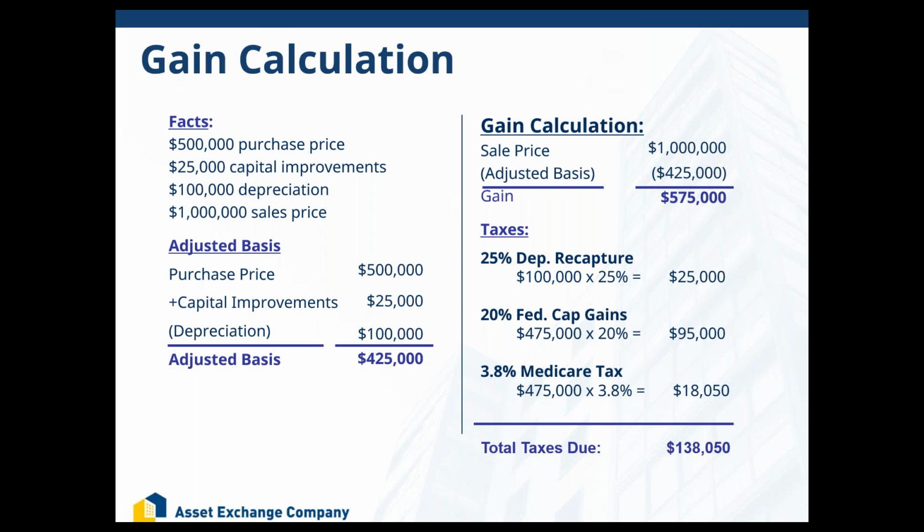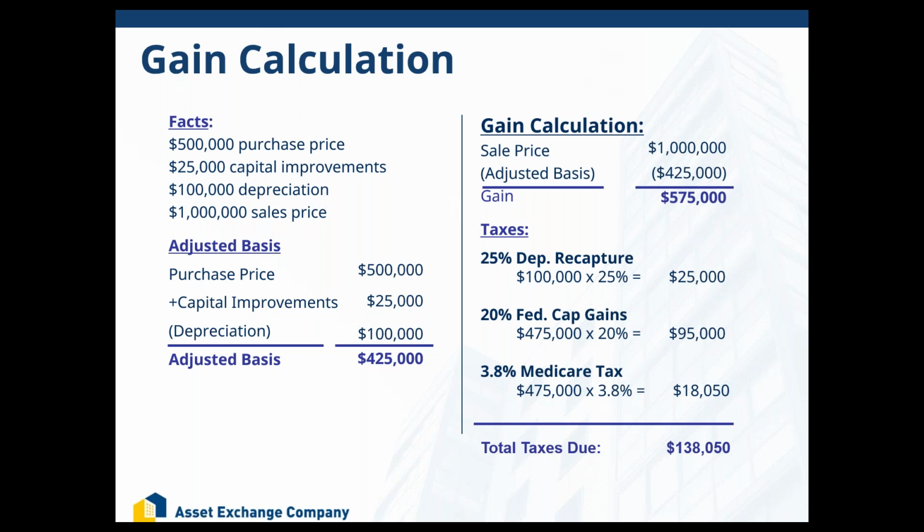Over the lifetime that we owned the property, we added $25,000 worth of capital improvements. We also took $100,000 worth of depreciation. And now we're going to sell the property for $1 million.